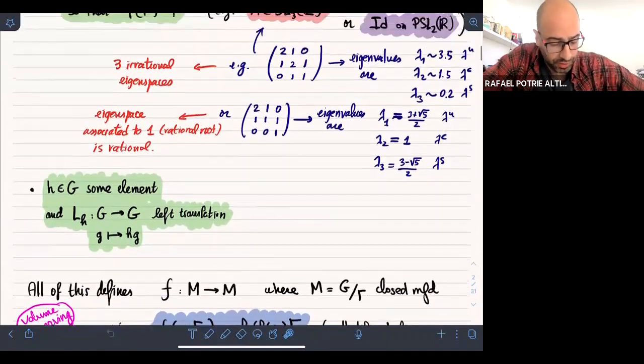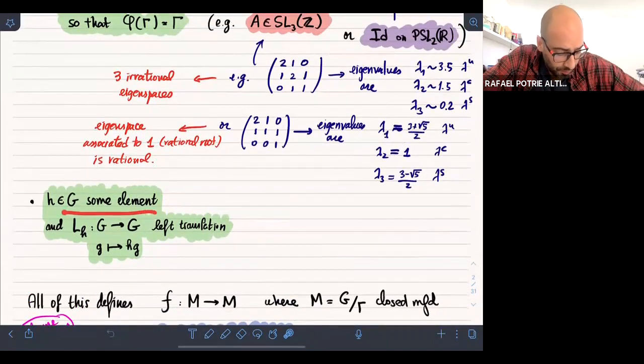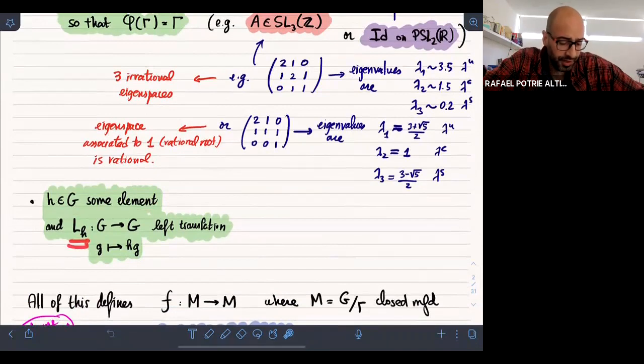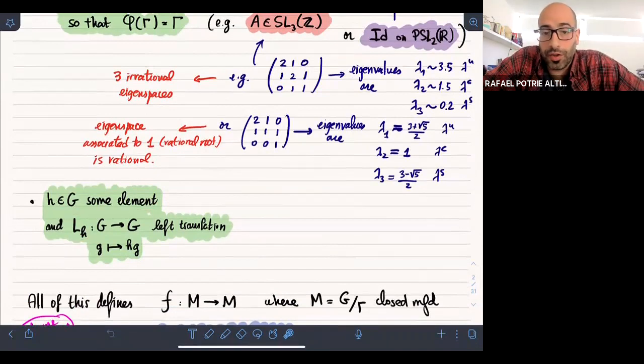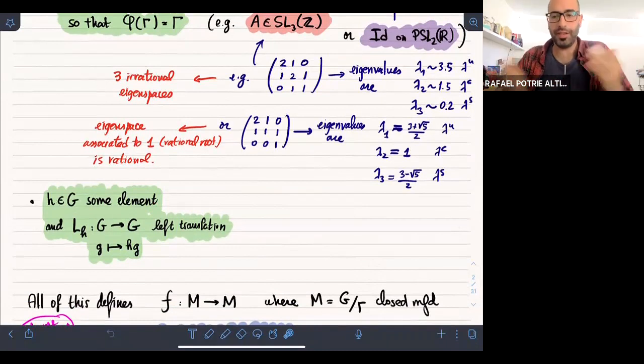And finally, we will consider some element of the Lie group and consider the left translation on the group here. Then I continued writing this, and then I switched notation, and I'm sorry. There's some choice you need to make here.